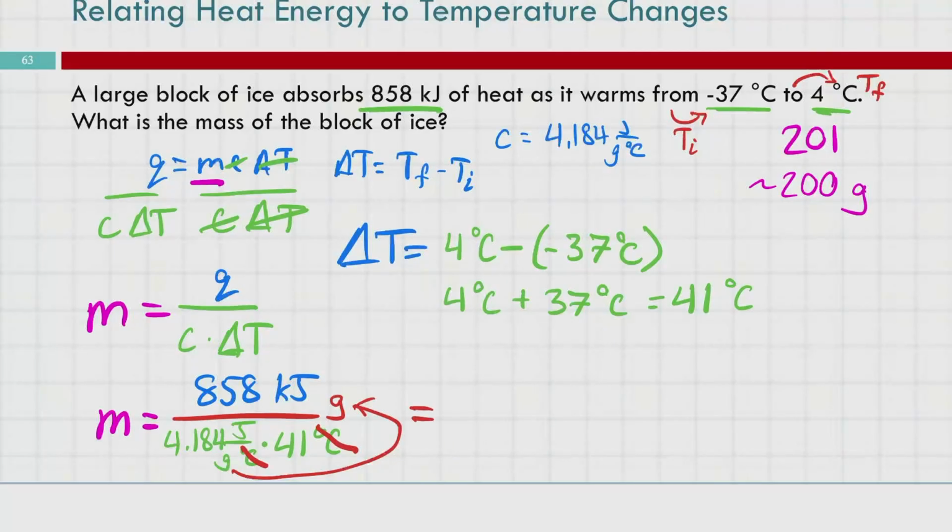Let's rewrite this for clarity: 858 kilojoules, with grams also up here, and on the bottom, 4.184 joules times 41.